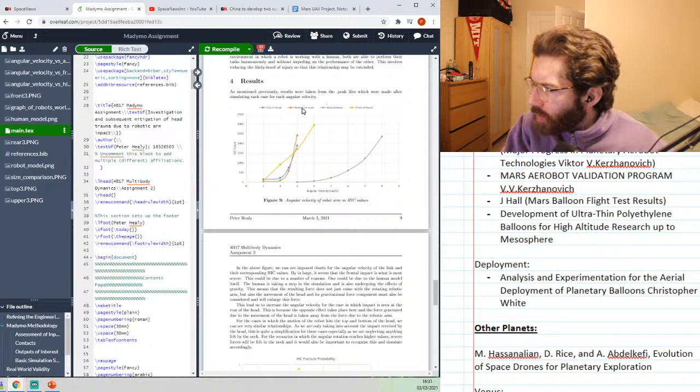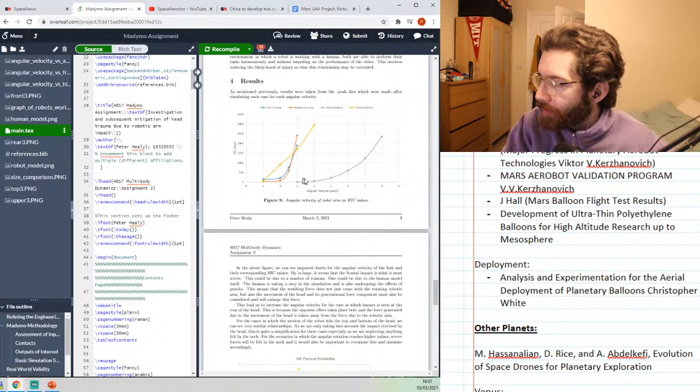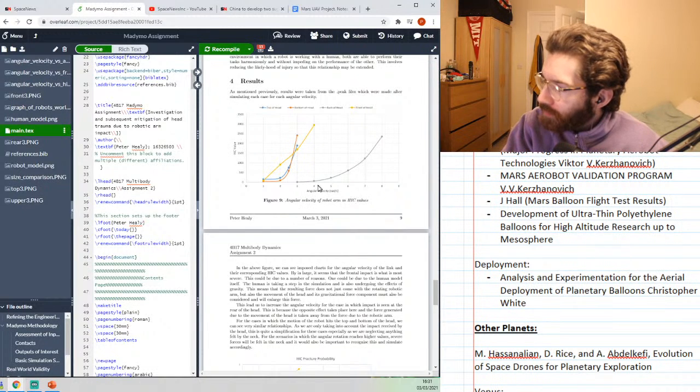As you can see here, with the bottom of the head and the top of the head, basically the speed doesn't matter at all, and then all of a sudden it really matters. Every increase of speed has a significant increase in the HC value, whereas this gray one right here is sort of gradual, and then it does get a bit quicker at the end. But it also starts quite late.